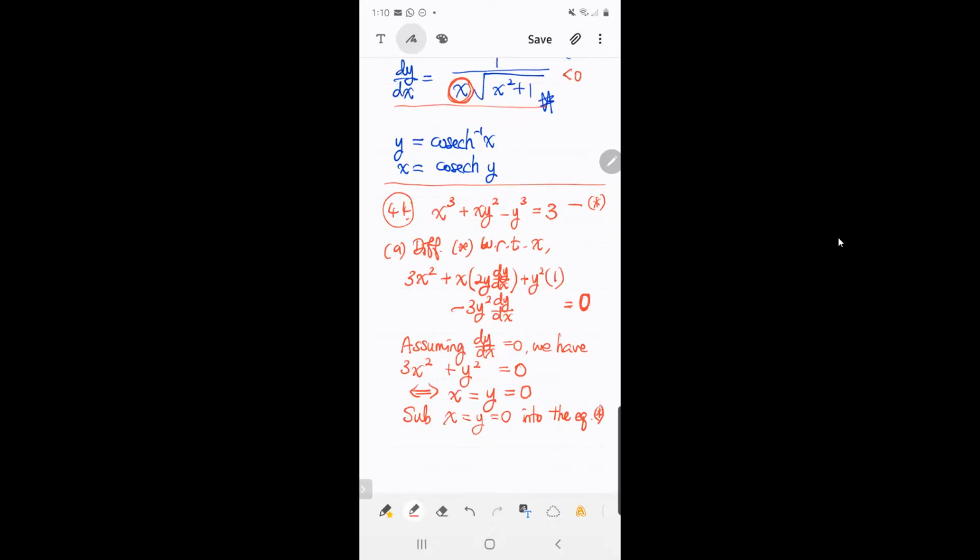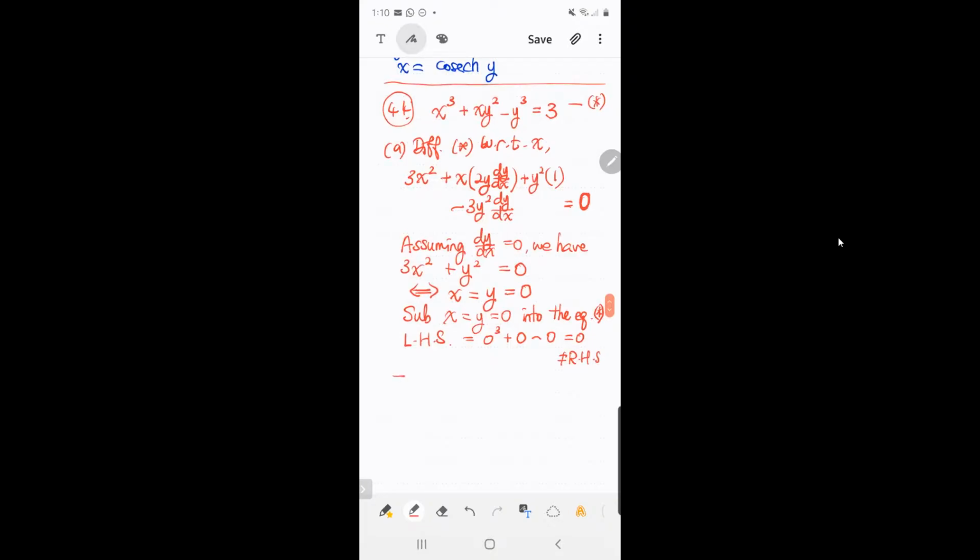So when you put it back into star, the left hand side is equal to 0 cubed plus, sorry, x is equal to 0 as well. So you have 0 minus 0, so this is equal to 0. And this is not equal to the right hand side. So there is a contradiction.